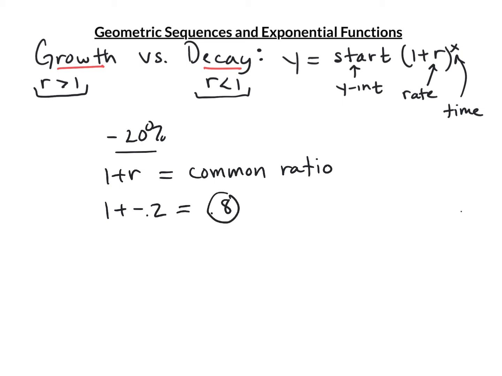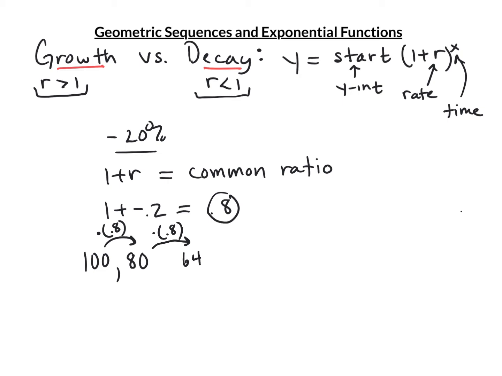And if I gave you a number like 100, and I said, let's make a geometric sequence, multiplying by 0.8 gives you 80. And you threw away 20%. If I multiplied by 0.8 again, I would get 64. And you threw away 20% again.